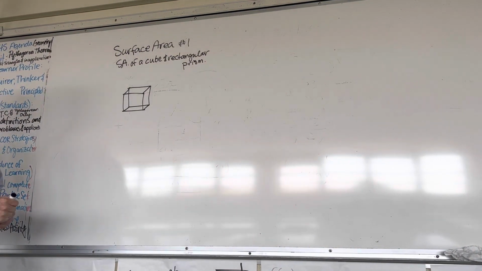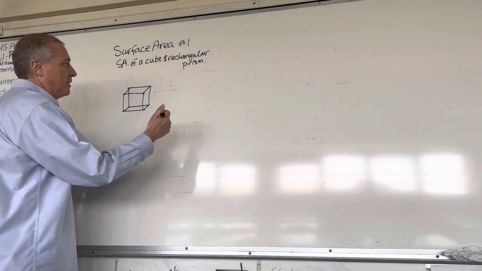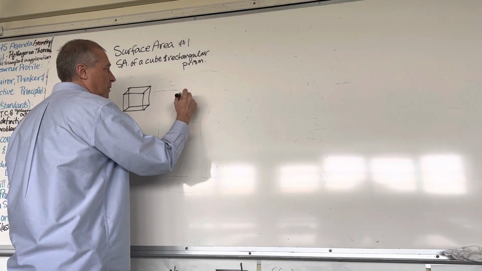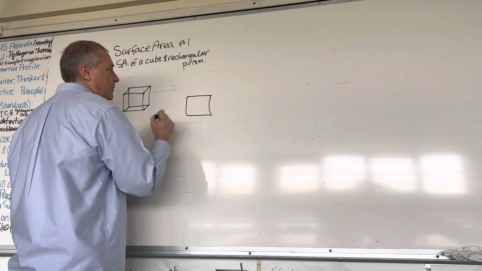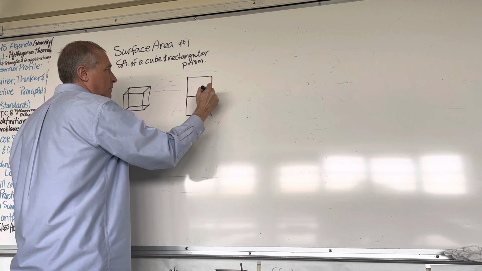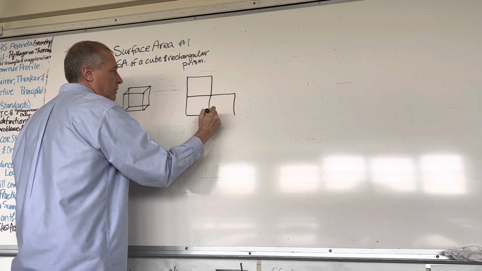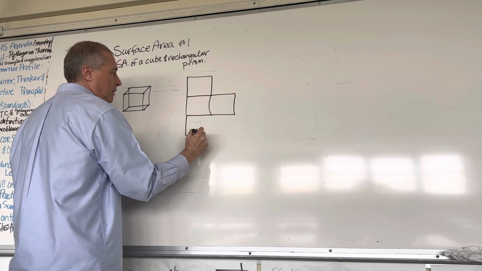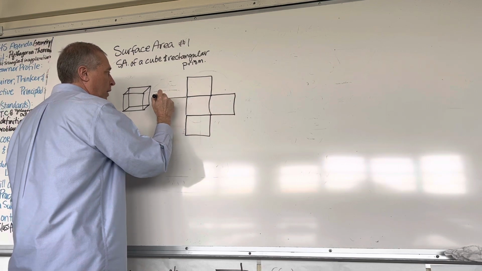All right, so let's unfold this. Here's the base here. Let's start with this. There's 4 sides: 1, 2, 3, 4.